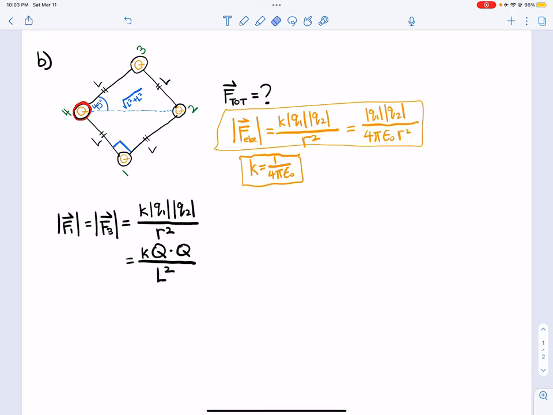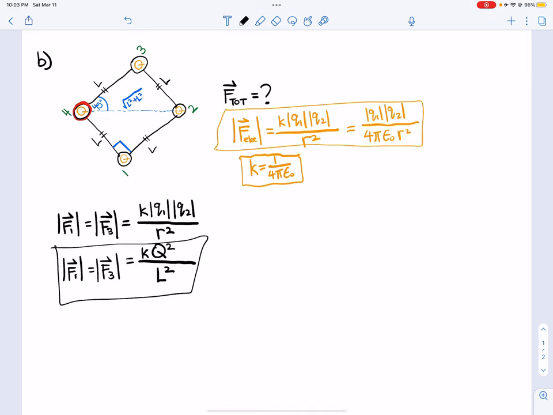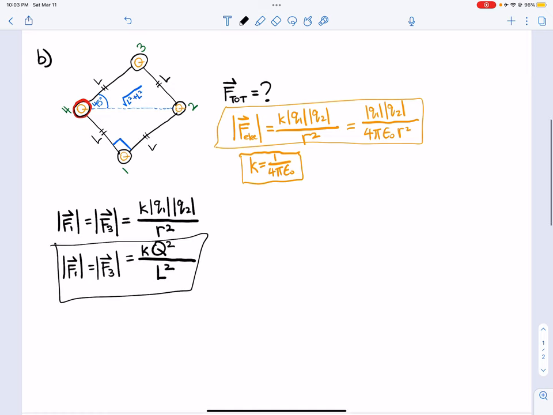And I'm going to just call this Q squared. All right, so that is the value of my magnitude for force 1 and the value of my magnitude for force 3. I'm going to put a square around that so I know that I will need that later.